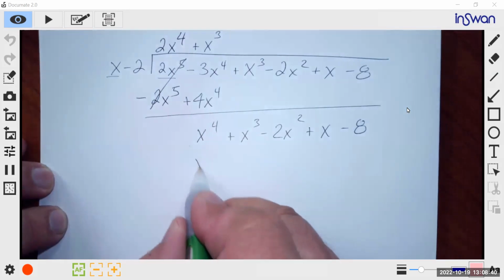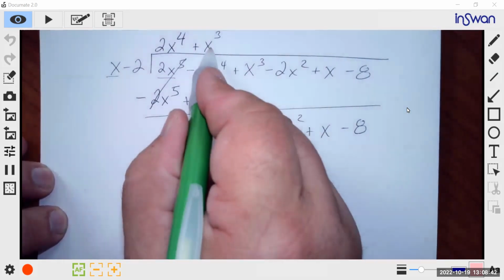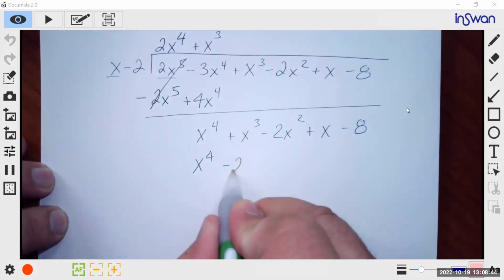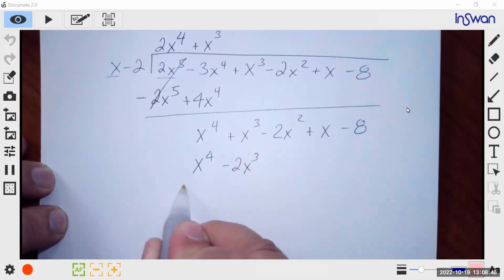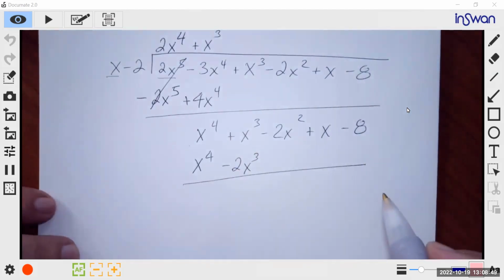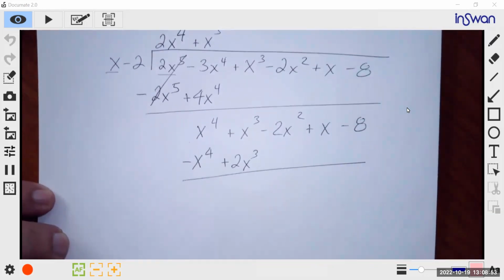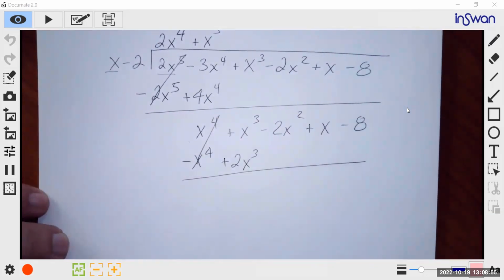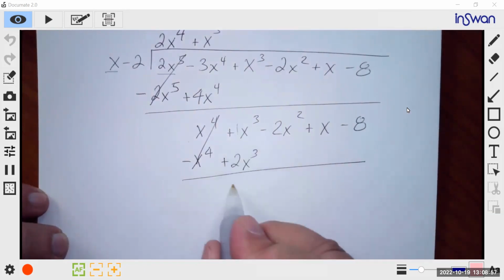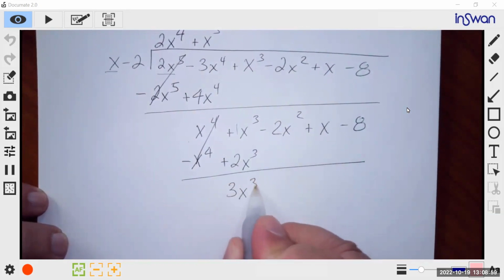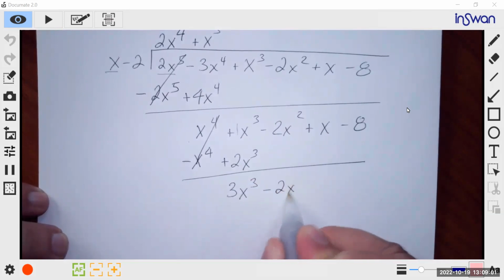X cubed times x is x to the 4th. X times -2 is -2x cubed. Change the signs. Add. 2 plus 1 is 3. Bring everything else down.